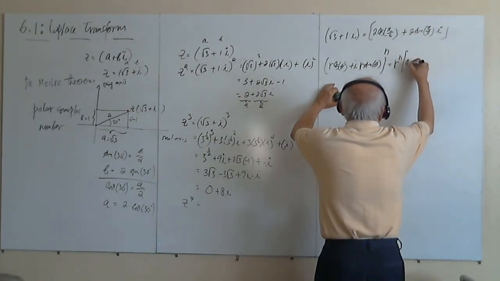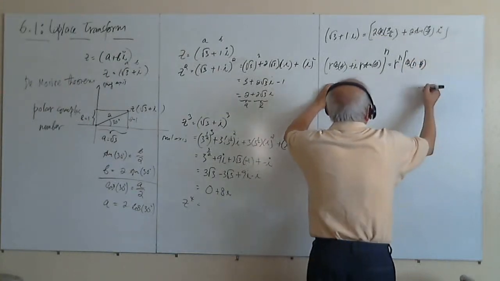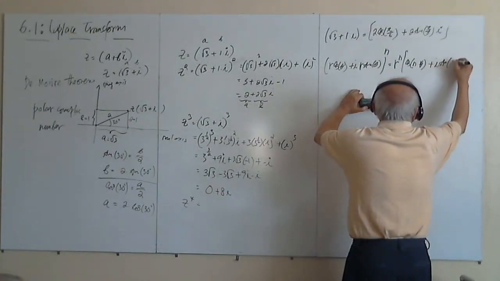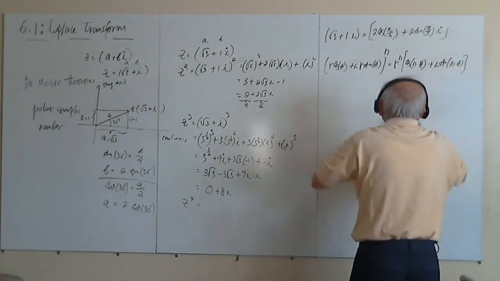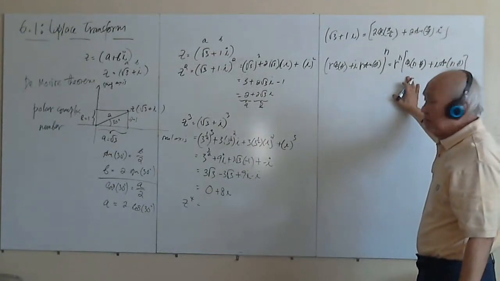And then cosine n times theta plus i sine n times theta. Did you see it? Do you still remember or not? So this is what they call the De Moivre theorem.